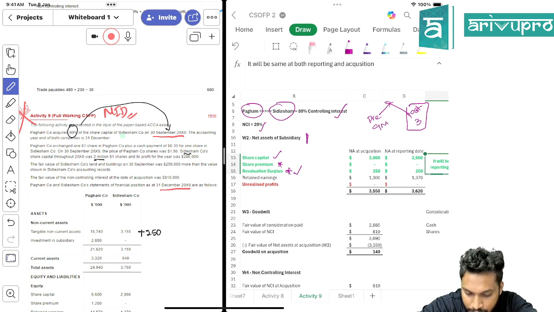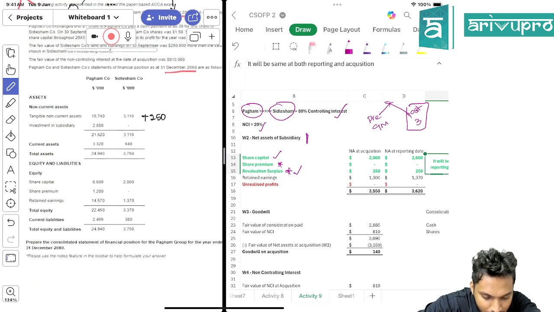Okay, fine. Then retained earnings. You need to calculate your retained earnings. In this question, there won't be any unrealized profits because they are not holding any inventories, nor any intra-group sales, so no issues. However, you need to find your retained earnings. To find your retained earnings, you need the retained earnings at the reporting date as well as at the acquisition date.